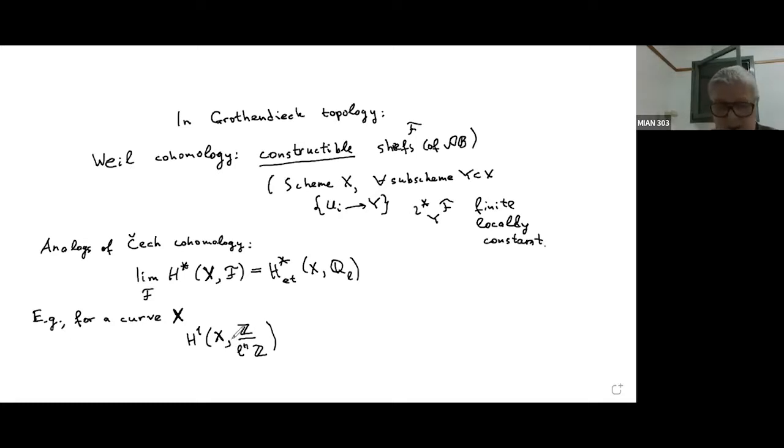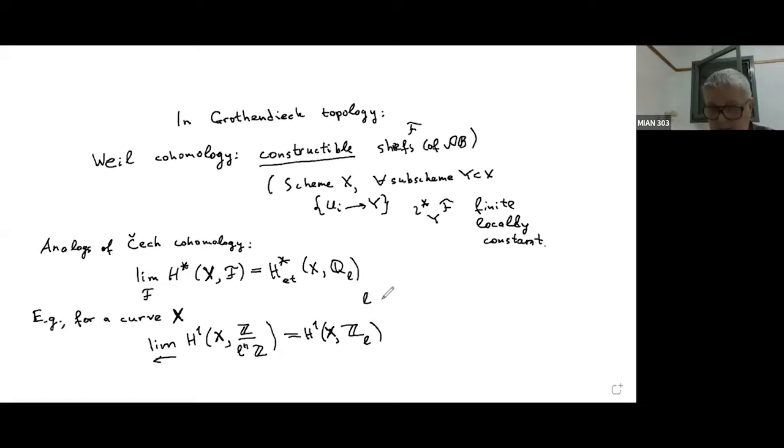Then it can be given some interpretation in terms of the Picard group of the curve X. And then we just take the limit by n and get the true cohomology with the L-adic coefficients, or rather with integer L-adic coefficients.